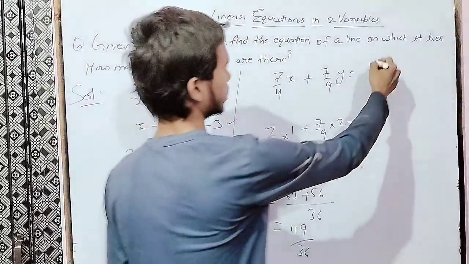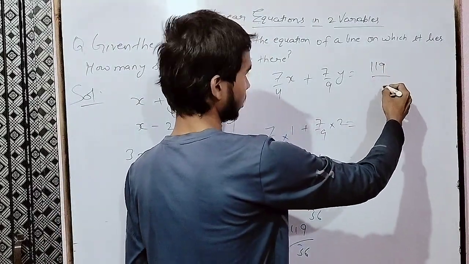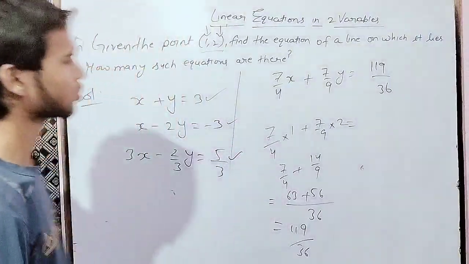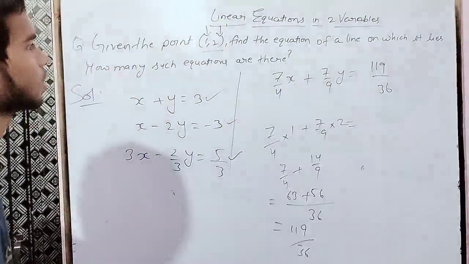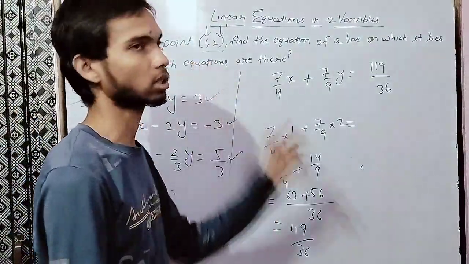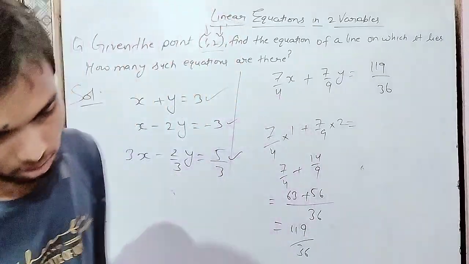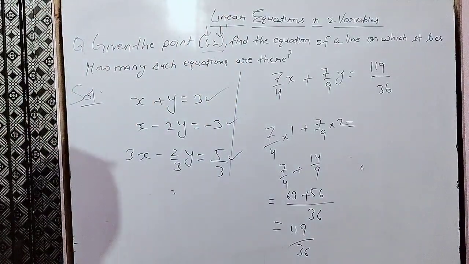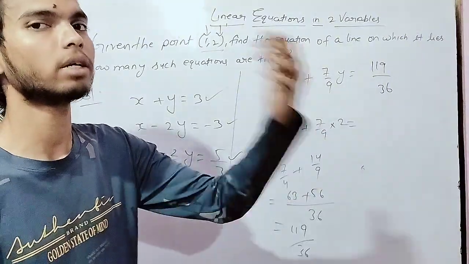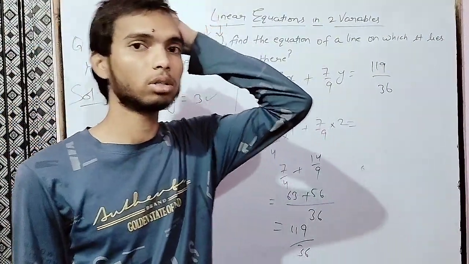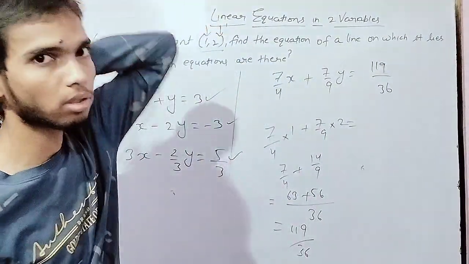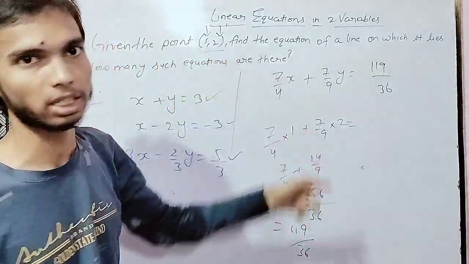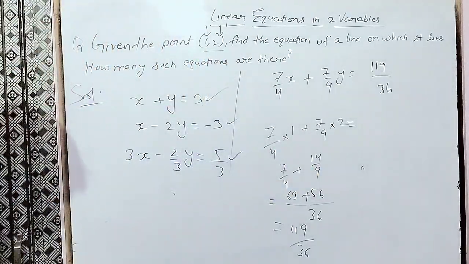So here this will be 119 upon 36. So there can be a lot of equations where x is 1, y is 2. So finally the answer is there are infinitely many. There are a lot of such equations in which x is 1, y is 2.